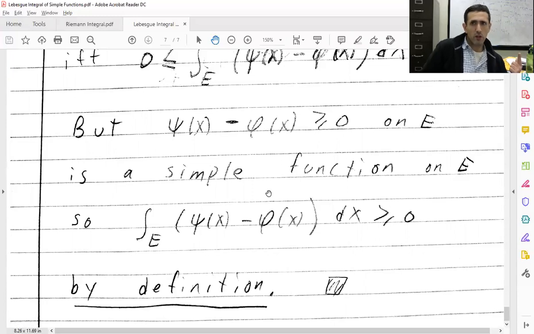And two, we're going to assume f is bounded. We'll have to take it a step further later to define the Lebesgue integral over a set of infinite measure and f unbounded, but we'll do that maybe next week.